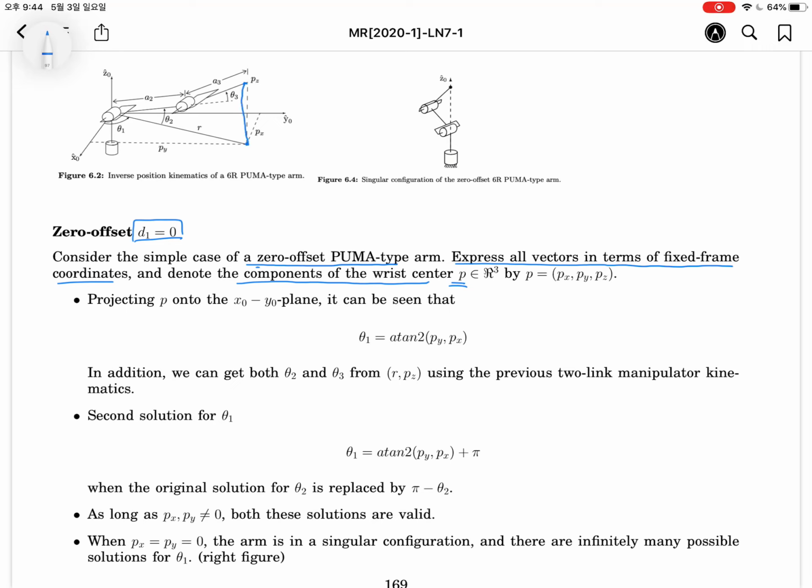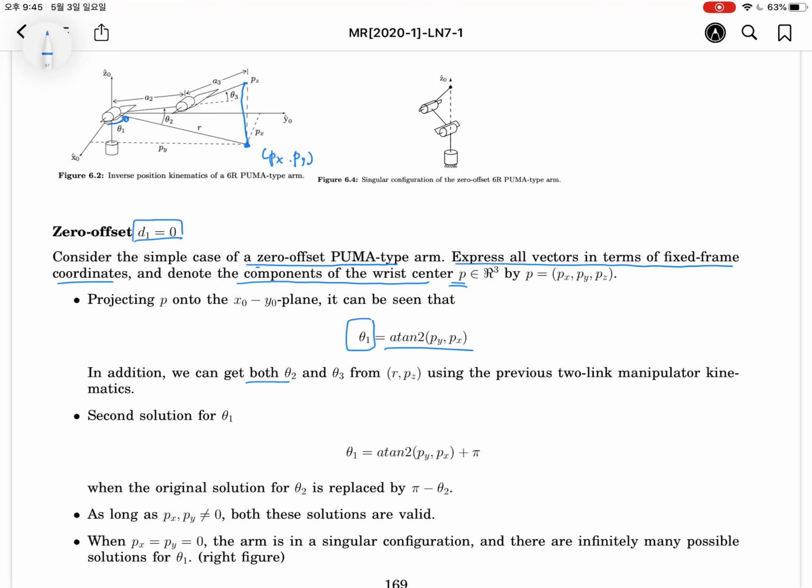Okay, this wrist center will be projected onto the x-y plane. So this point will be px and py. So it's very easy to obtain theta 1 by using the arctangent 2. So arctan 2 is used to express theta 1.